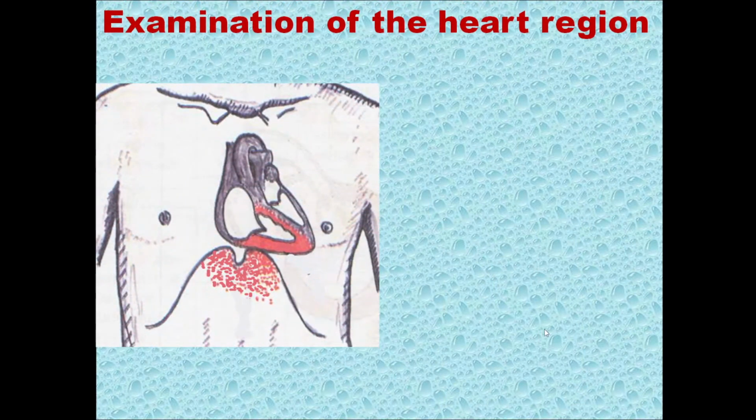Examination of the heart region. Mitral stenosis is characterized with specific symptoms. We can see or can palpate the cardiac beat, which is visible, or feel vibration of the absolute cardiac dullness over the right ventricle due to the hypertrophy.